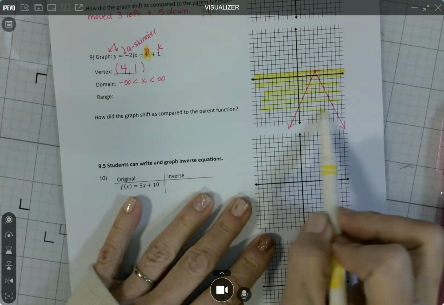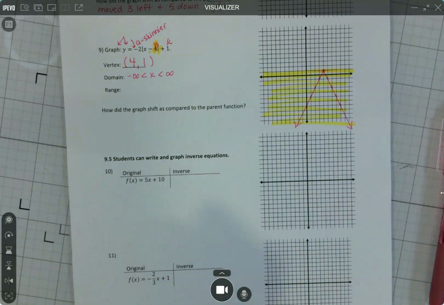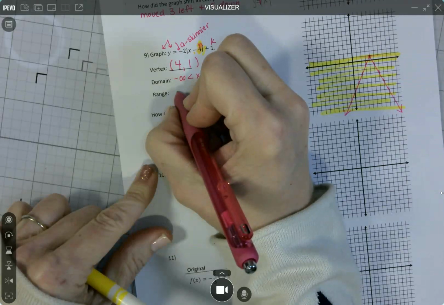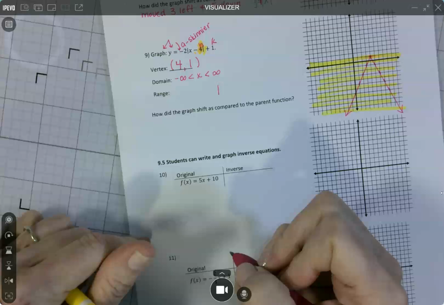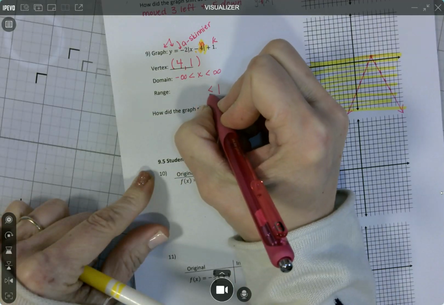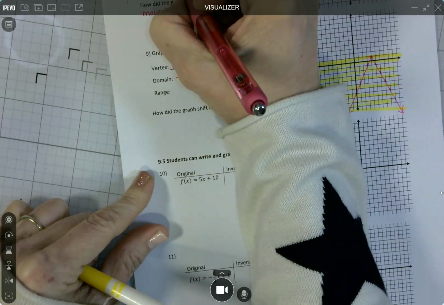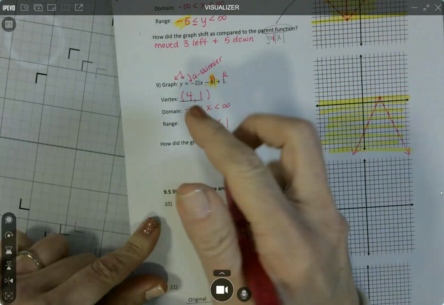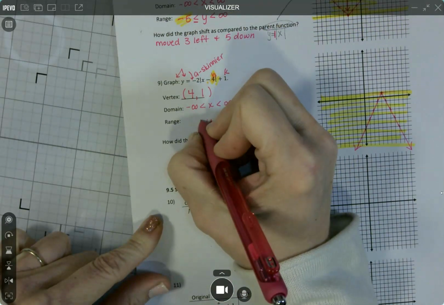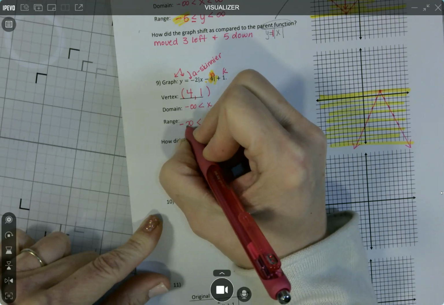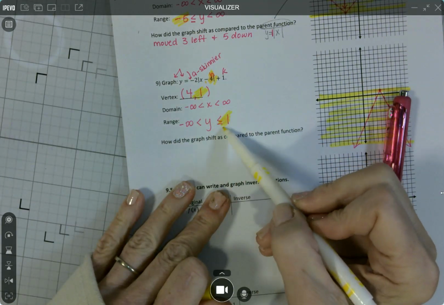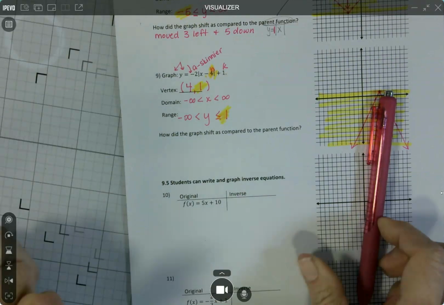Okay, so now we can look at our range. It doesn't go any higher than the 1. So remember this 1 up here? So 1 is the biggest. And it can be the 1. Oh, that needed an equal to part. It can be the 1, but it's going to go down toward negative infinity. Okay? So your K is related to your range.